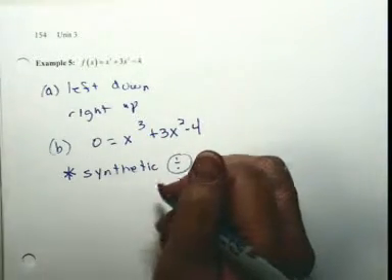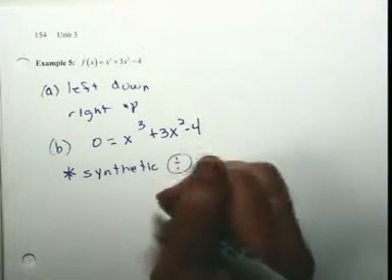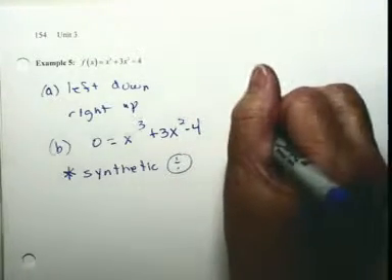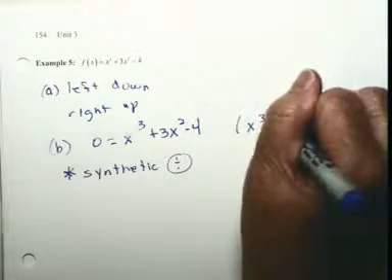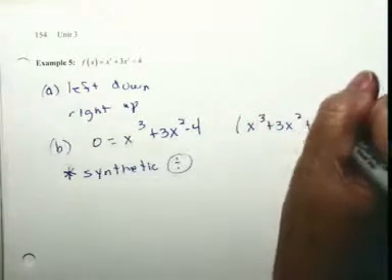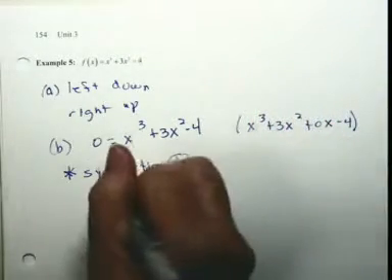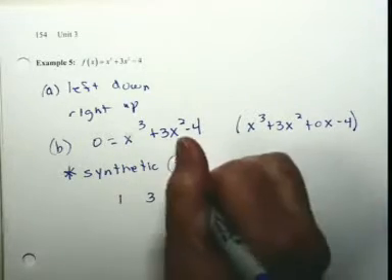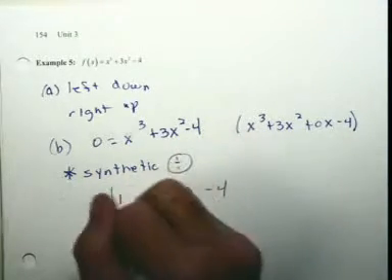The synthetic division says I go. Synthetic division's where I have to do it. Three, 0, negative 4.